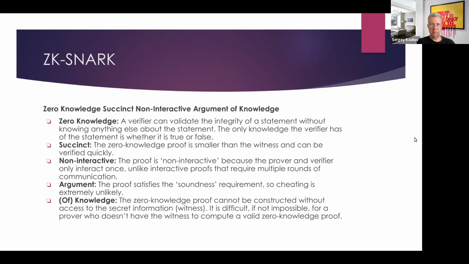We send the proof and the public output to our smart contract, for example, and that's enough for the smart contract to get this answer, yes or no. Non-interactive, we already discussed. It means we do not need to exchange data a few times.